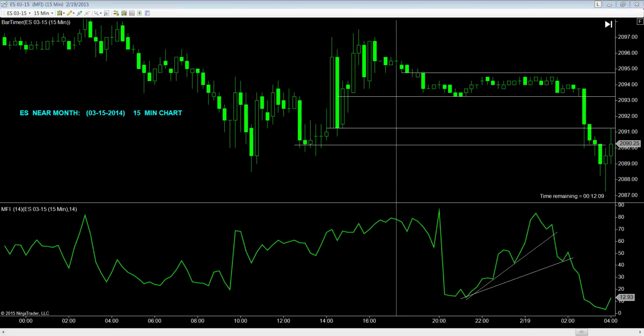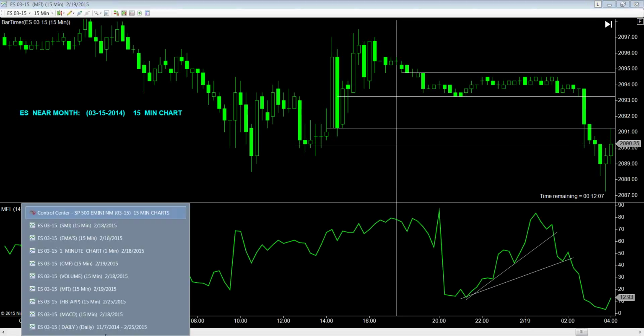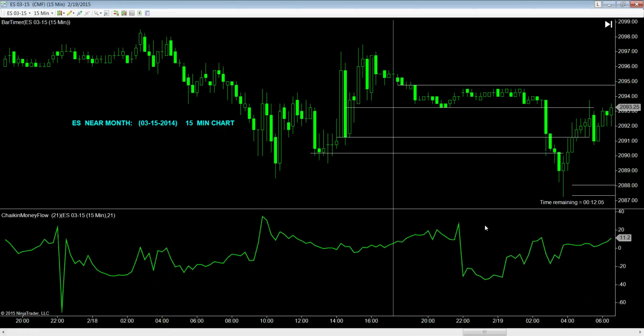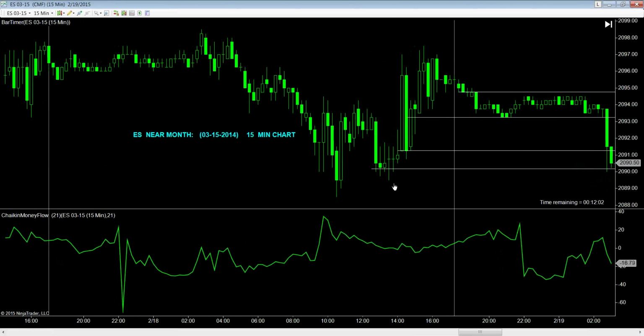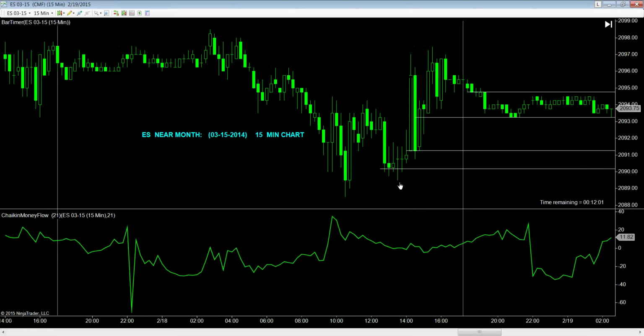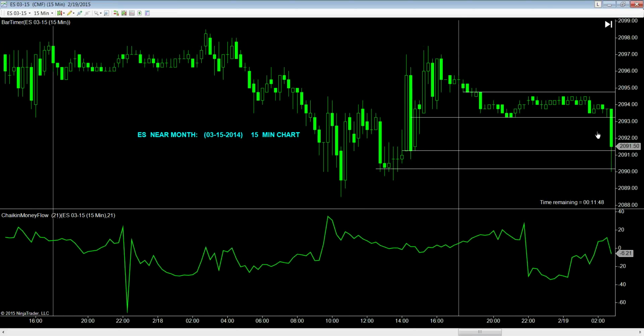Let's take a look at the other indicators once again, and let's look at the CMF. The Chaikin money flow in this case is here. Now, at the time of the actual trade was taken, in real time, you can see that the violation of the floor takes place here.